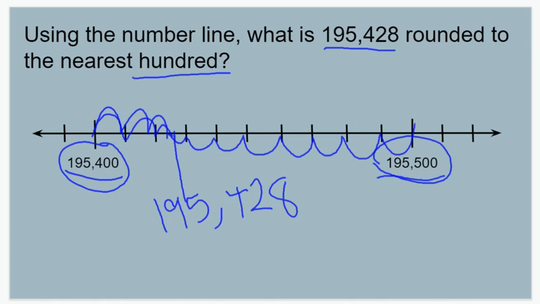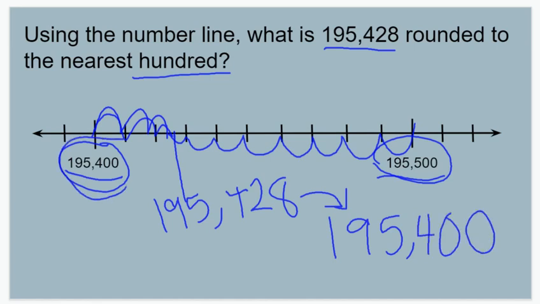That's pretty far. So the one that it's closest to would be the number that it's rounded to. 195,428 rounded to the nearest hundred would be 195,400 because it's closer to that benchmark on my number line.